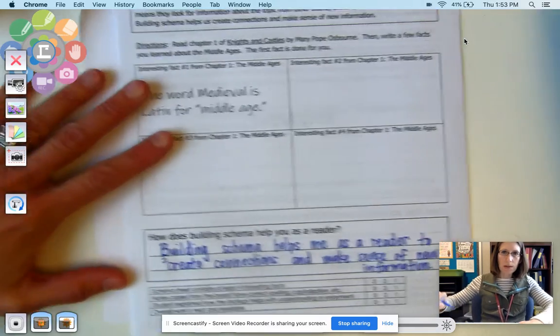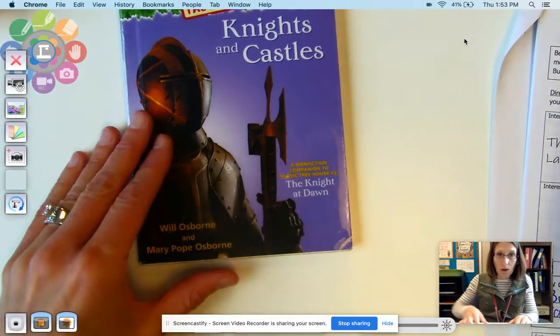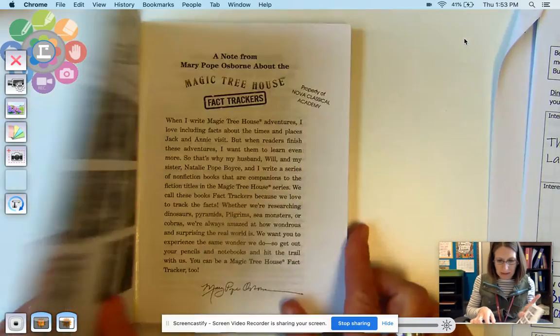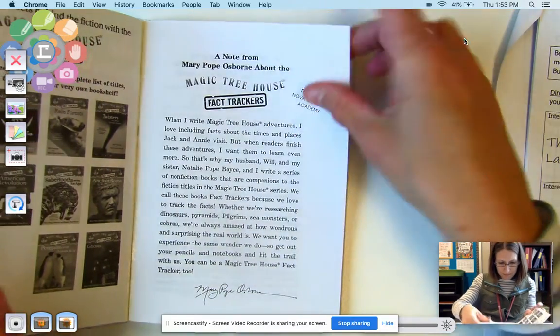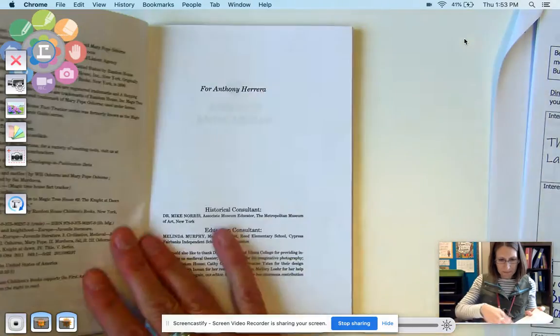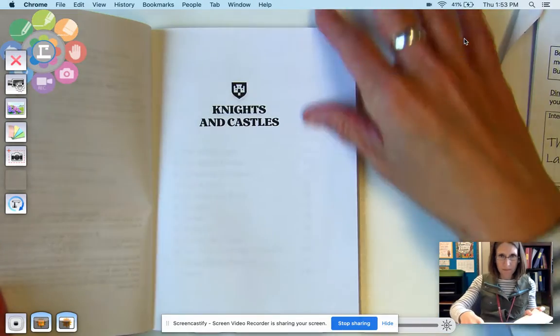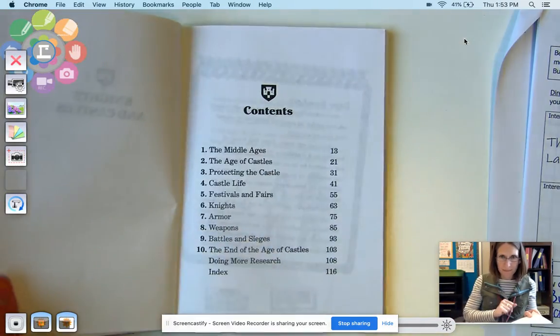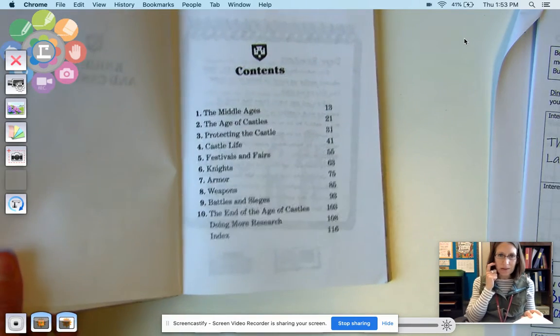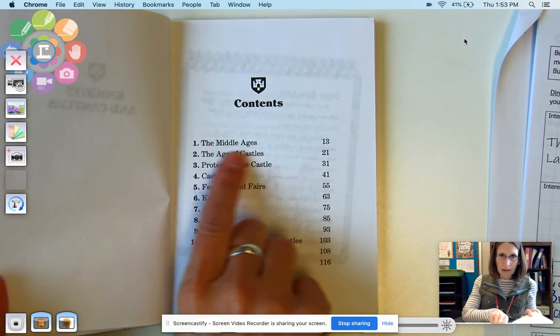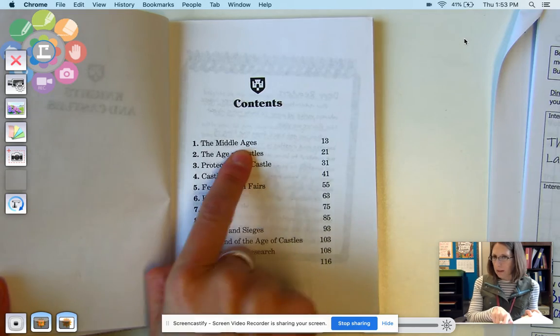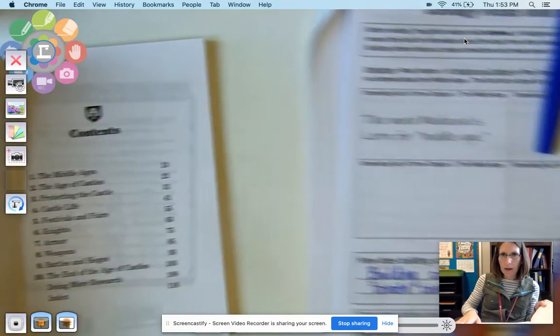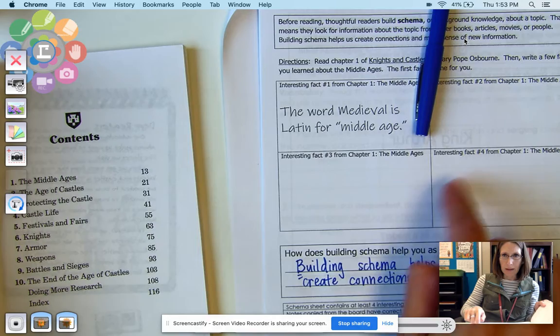Okay, so we'll set this aside for a minute and let's take a look at Knights and Castles. So here we are. Here's our table of contents. For today, we're going to read the Middle Ages, and then we're going to complete our page here, some facts about the Middle Ages.